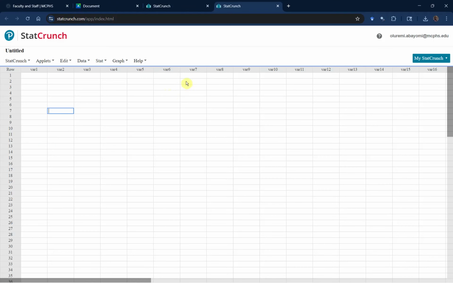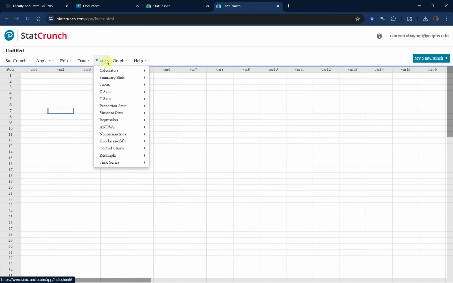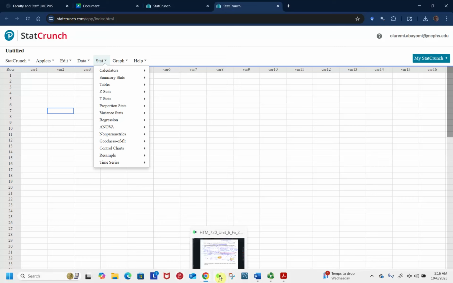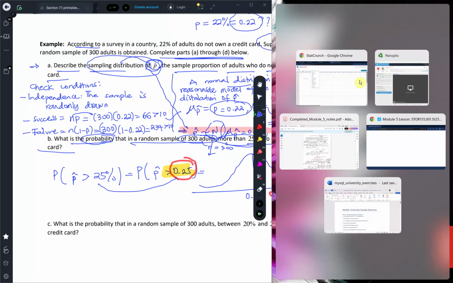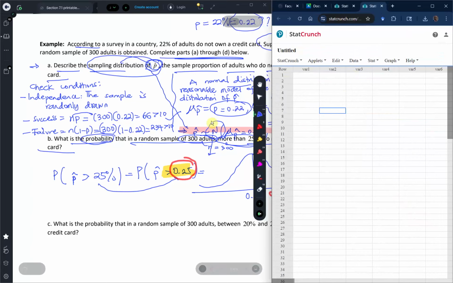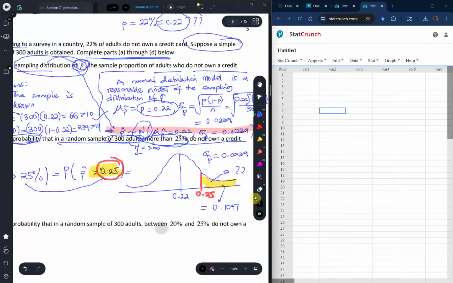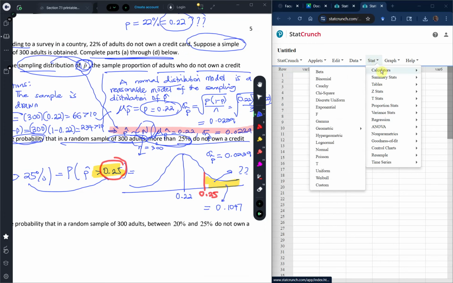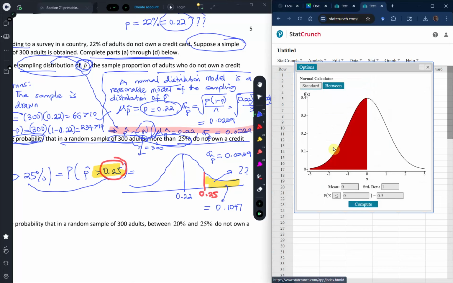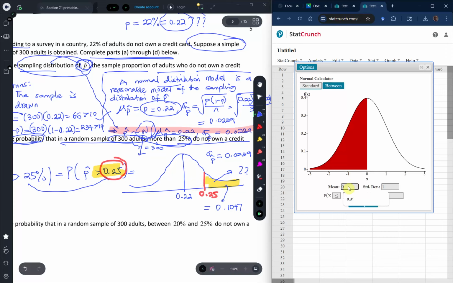So here we are in StatCrunch, and my interest is to compute the required probability. So I'm going to pull both side by side. To look at this probability, I would like to go to Stat, and I'll go to Calculators. In particular, I'm interested in the normal distribution. So go to Normal Distribution, and my interest is to key in the mean.